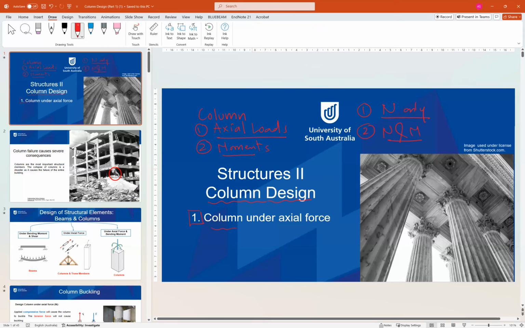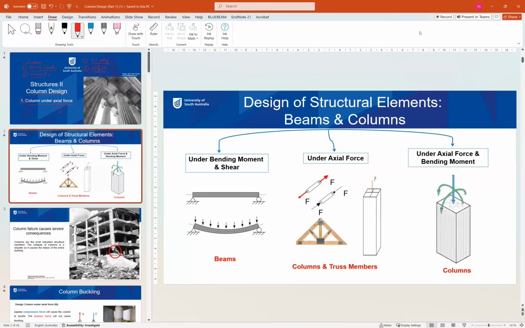If you remember, for beams we calculated the bending moment and shear. For columns, we have axial load and moment. So this is a summary. For structural members or elements like beams and columns, we have some straining actions that we design each member for.